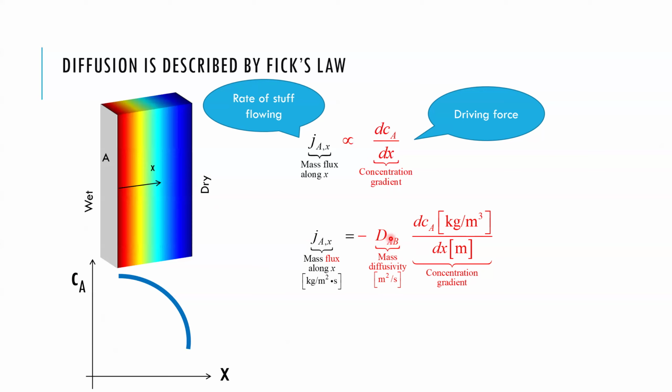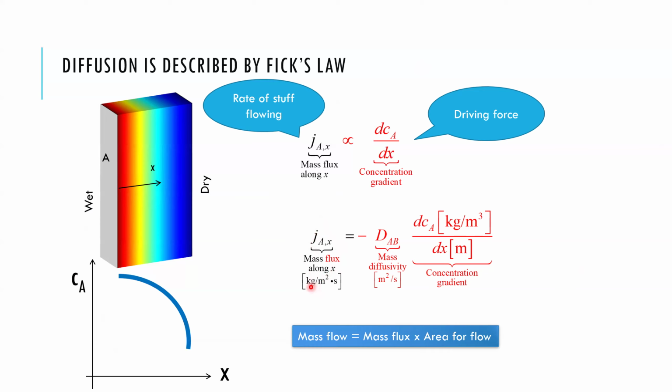That brings in this proportionality constant, which tells us what type of material it is and what kind of molecule is going through it. It brings in both aspects: what type of material it's diffusing through and what is diffusing through.